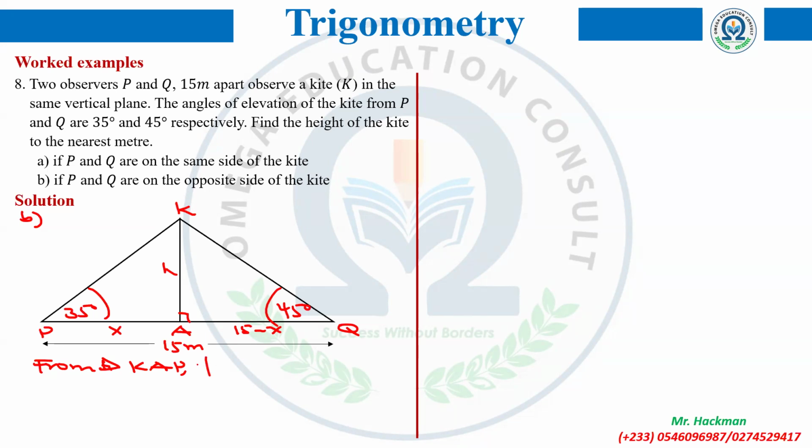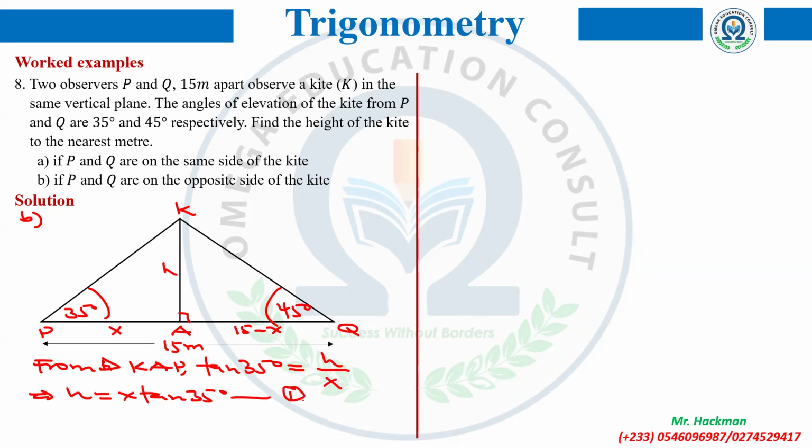Tan 35 degrees is equal to H over X, opposite over adjacent. This implies that H is equal to X tan 35 degrees. Very good. So this becomes your first equation.